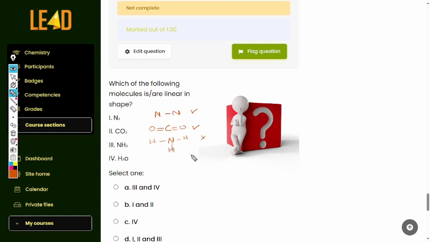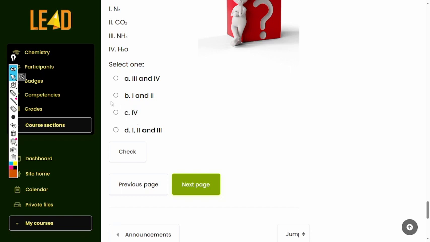Then water is oxygen with the hydrogens bent this way, so this is not linear. It's actually bent or V-shaped. So the linear ones are nitrogen and carbon dioxide, that's 1 and 2. It means the answer is B.